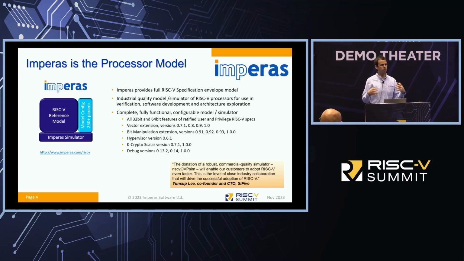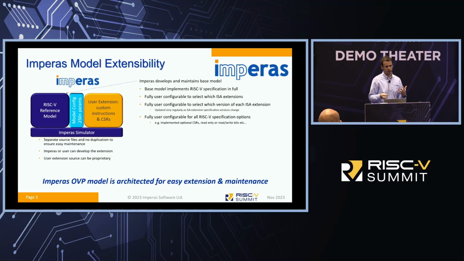And you can see there we've got support for all the different versions of all of the ratified extensions. So if you're building something and you're trying to get ahead of where the specs are, we can probably work with that as well. And that's a really good starting point, but you can build on that as well.